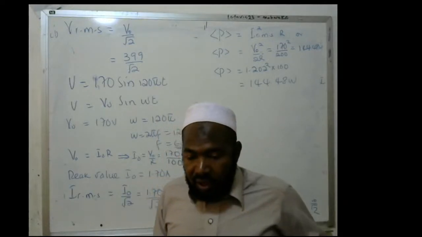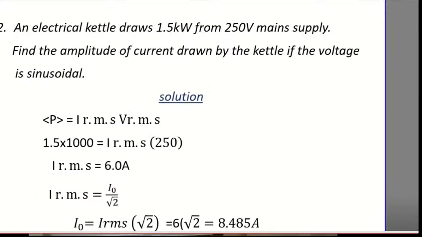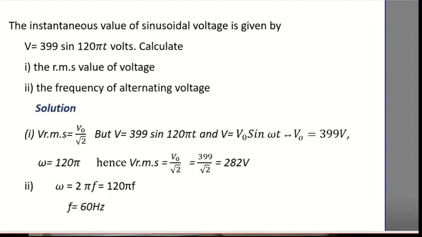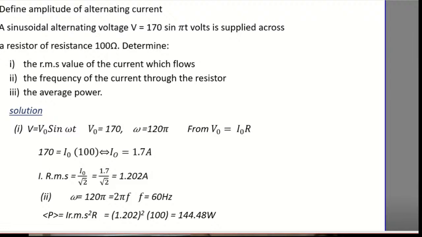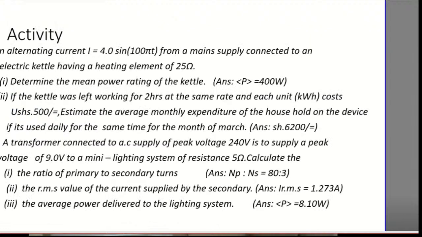So we are about to conclude. We are concluding our lesson with an activity. In that activity, you are the one going to work it out. The first one is as you see on the screen. You are given the value of the alternating current, and then you are given the resistance of the kettle. So you have to determine the mean power rating of the kettle.